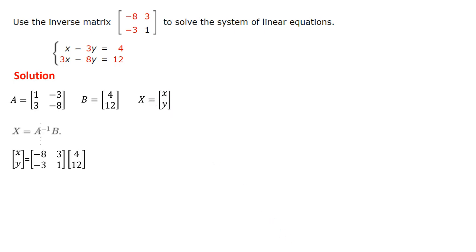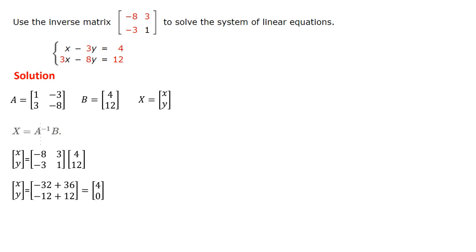So here in this problem, they already give us your inverse, okay? So here we're gonna have our inverse, which is given, -8, 3, -3, and 1. Then we're gonna multiply it to B, so we have 4 and 12.